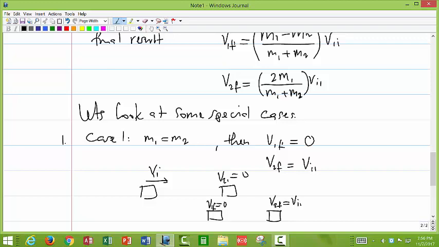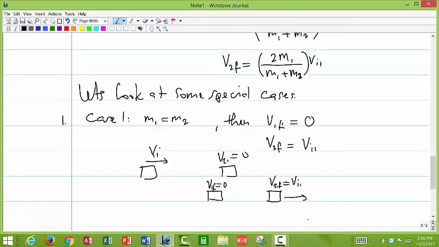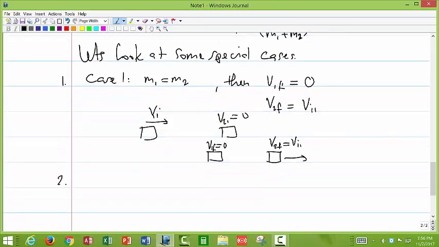So the object, this one is now at rest, and this one is moving with the velocity of the first one. So that's what happens after the collision. The second case, case 2, we can say that m1 is much larger than m2.